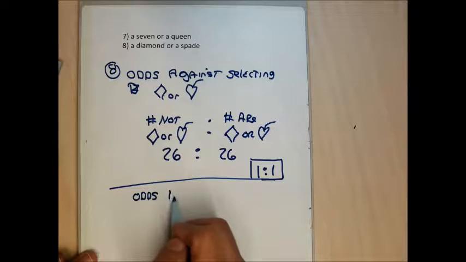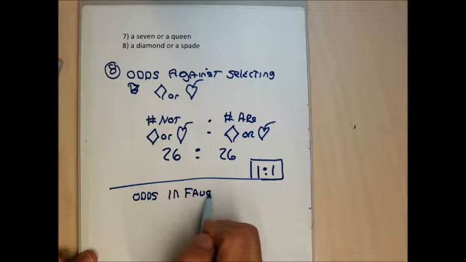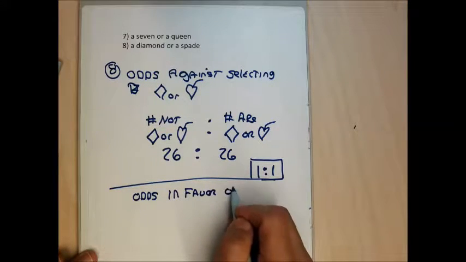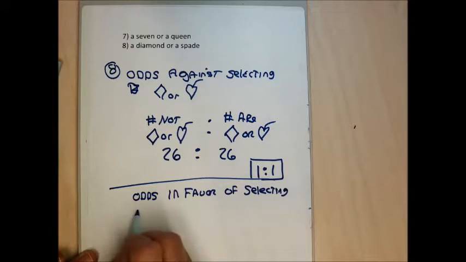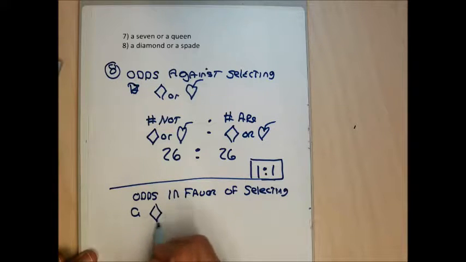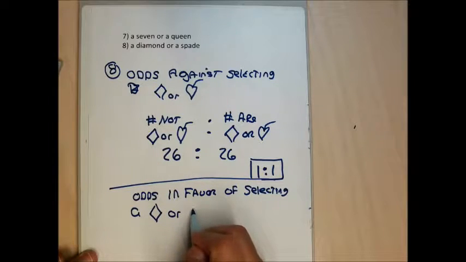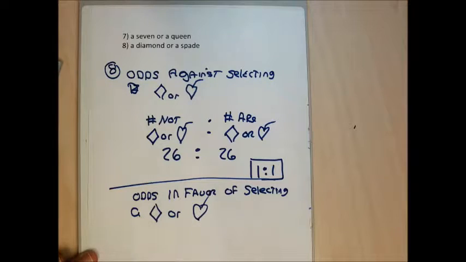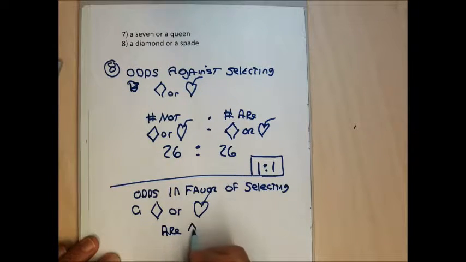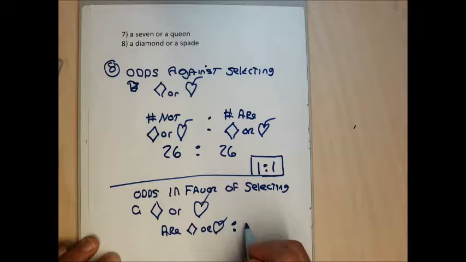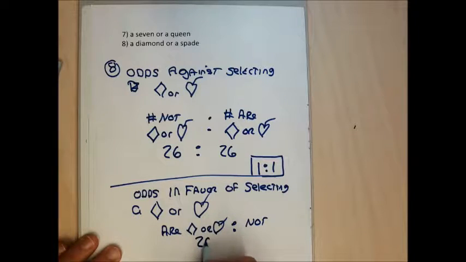The odds in favor of selecting a diamond or a spade are going to be the number that are diamonds or spades compared to the number that are not. The number that are is going to be 26.